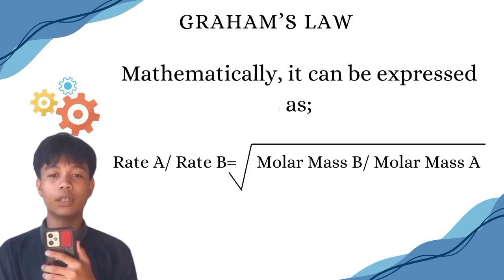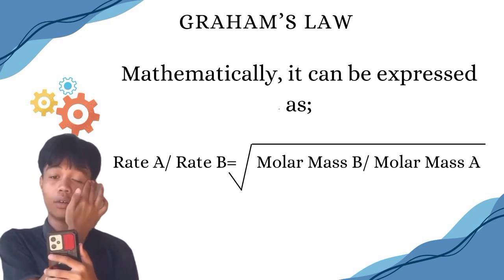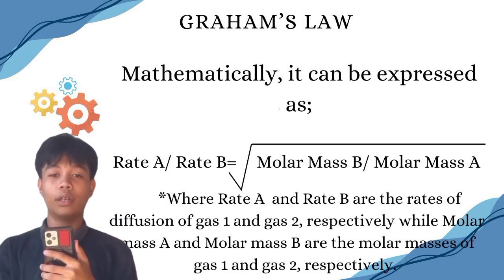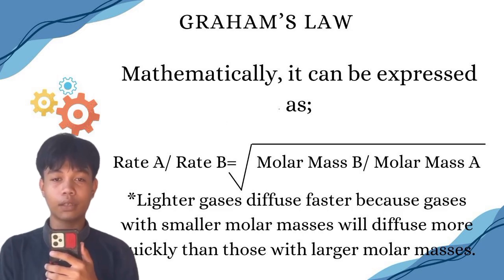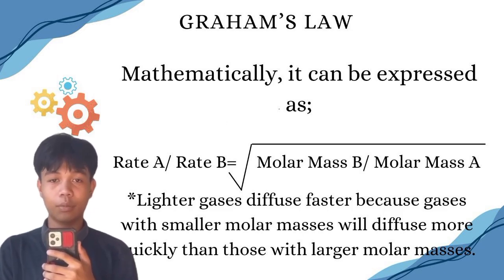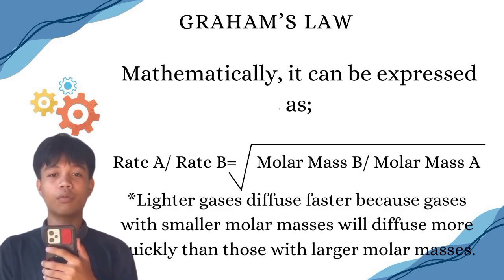Mathematically, this can be expressed as Ra over Rb is equal to the square root of molar mass B over molar mass A, where Ra and Rb are the rates of diffusion of gas 1 and gas 2, respectively. Molar mass A and molar mass B are the molar masses of gas 1 and gas 2, respectively.